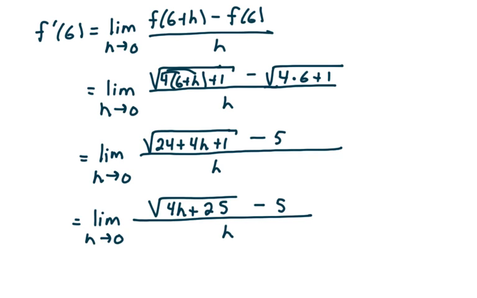Now, the traditional way to handle a problem like this is to multiply the numerator and denominator by the conjugate of the numerator. In this case, the conjugate of the numerator happens to be the square root of 4h plus 25 plus 5. And so we're going to multiply numerator and denominator by that.